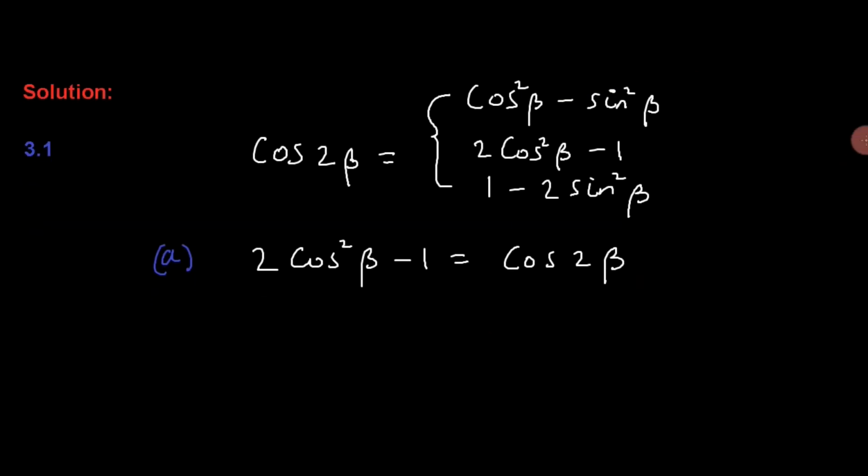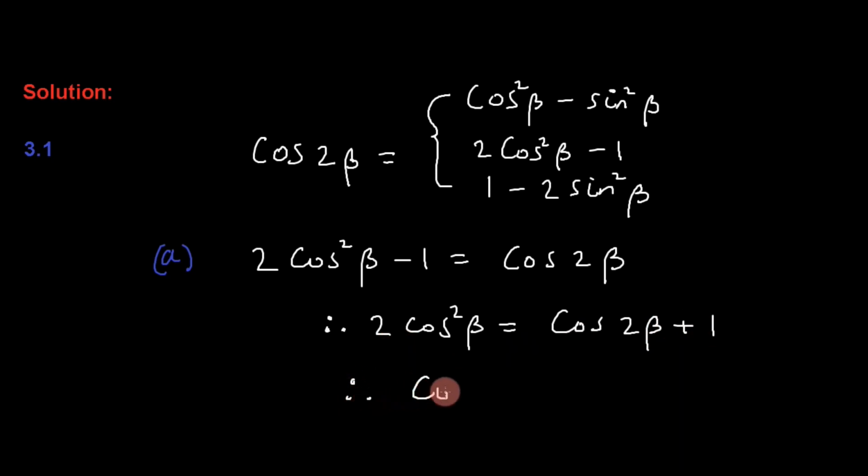Now we merely make the cos of beta on the left-hand side here the subject of the formula. So we can first take the negative 1 to the right-hand side. Now we're going to divide by 2. So the right-hand side over 2.